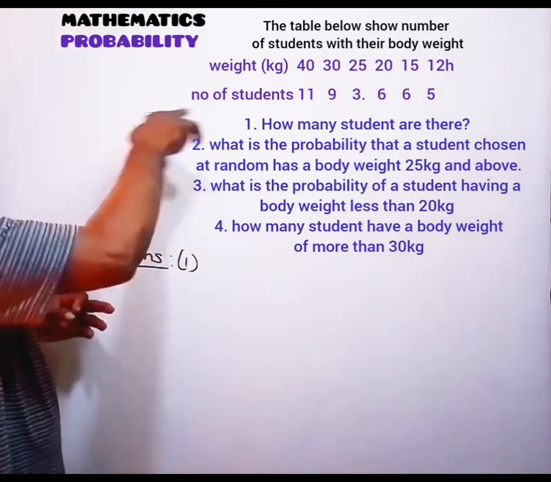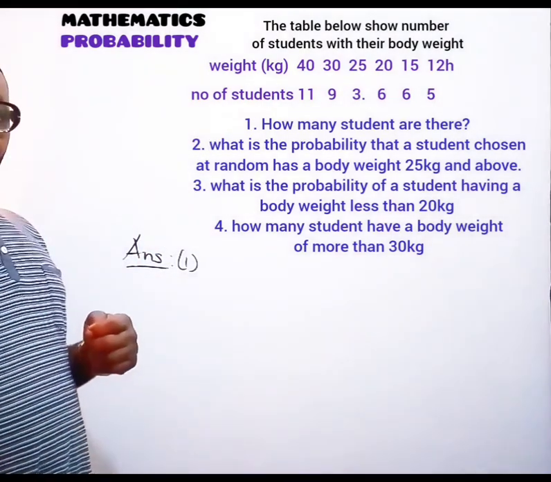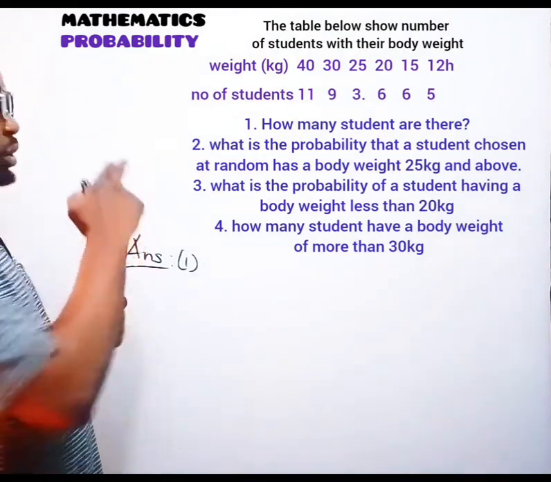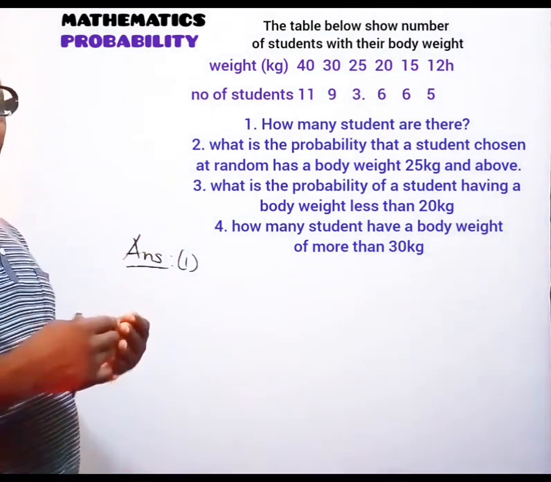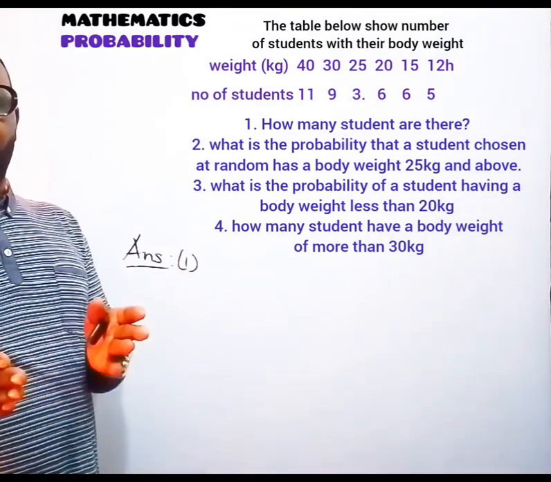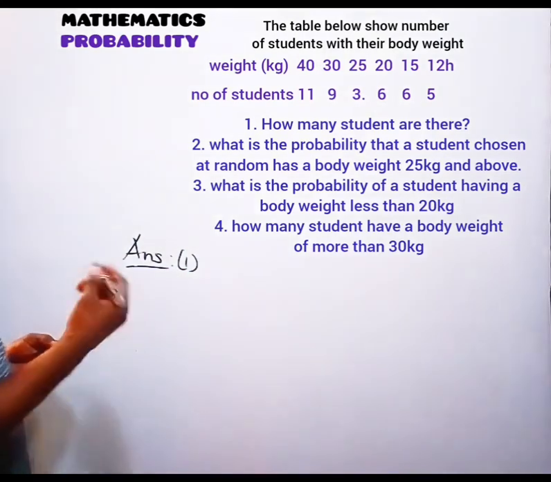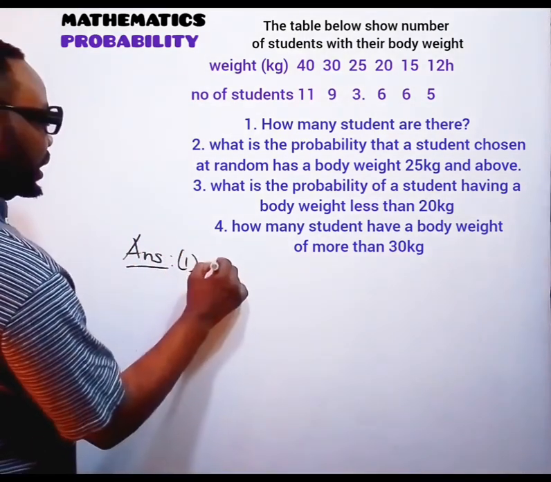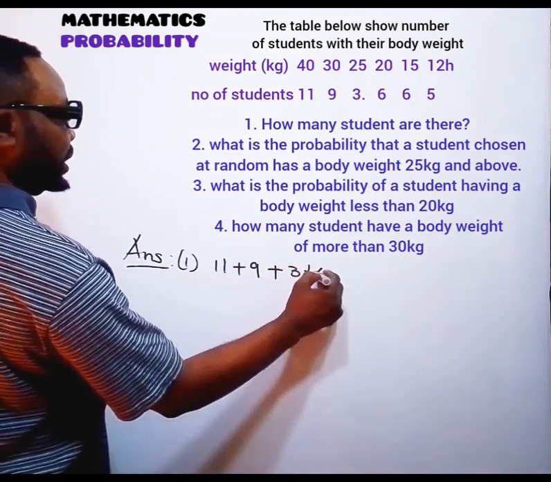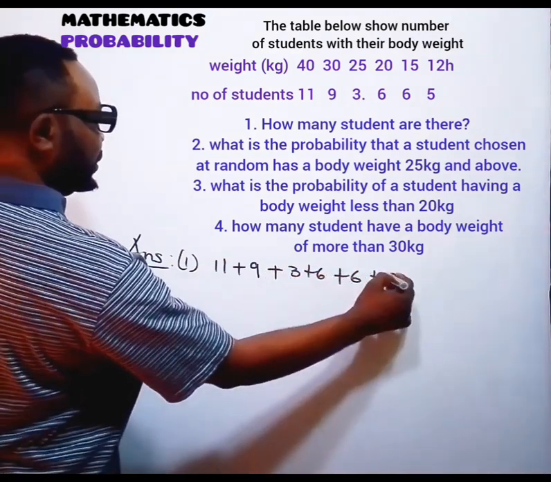You can see that we have the weight of the students on top, and the number of students below. So it's very easy. Just add together all the numbers of students there, and then you get the total number of students. We have the number of students to be 11 plus 9 plus 3 plus 6 plus 6 plus 5.